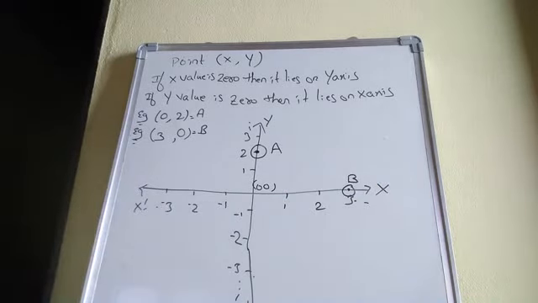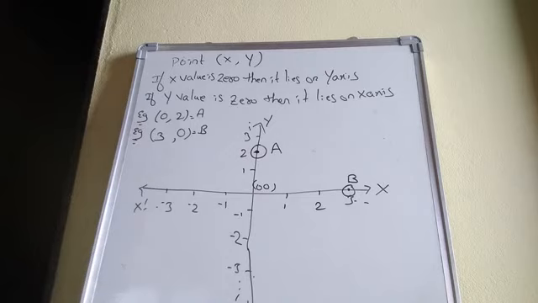Okay, now what we have understood by this concept is that when a point lies on an axis, one of its values will be 0. If a point lies on the x-axis, the y value will be 0. If a point lies on the y-axis, its x value will be 0.